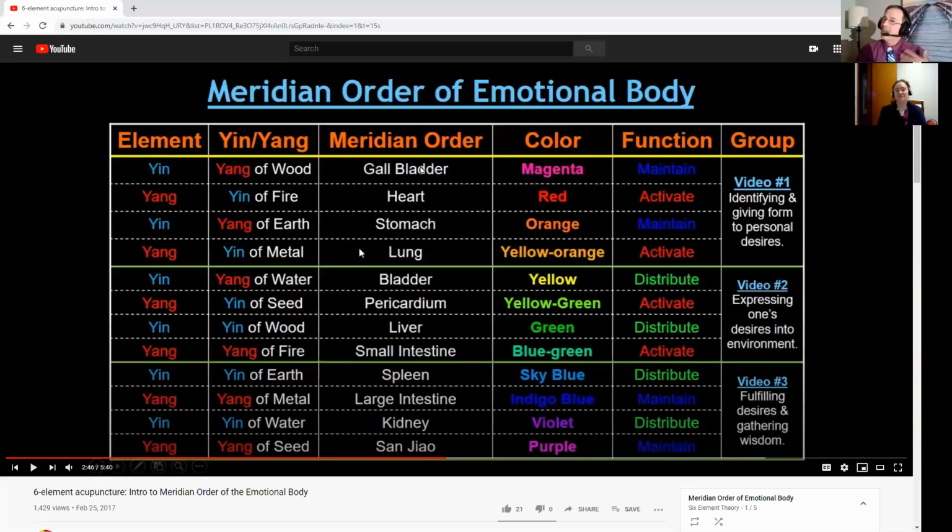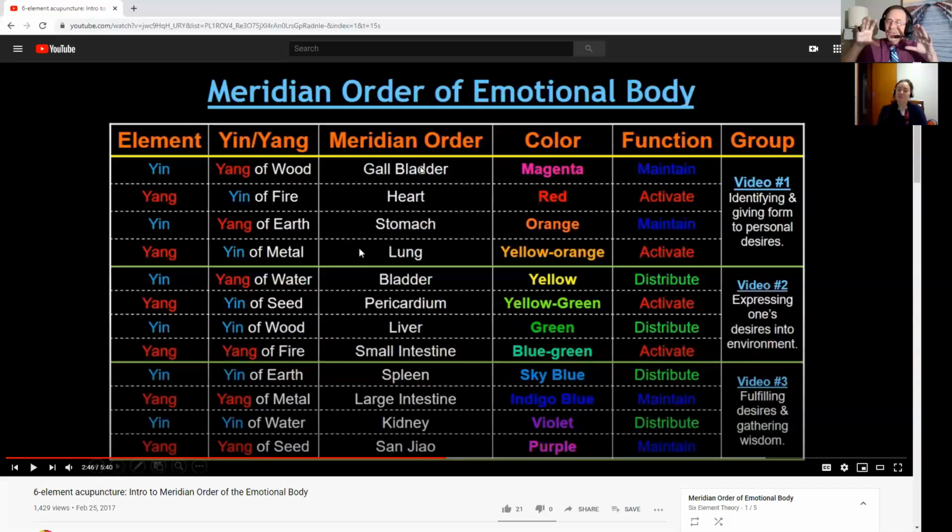So when people can't find their place in the world, pericardium meridian. Because you know that emotionally, the pericardium is going to help them find their place in the world. Like, who are their friends? What kind of job? What kind of climate suits them best? What kind of lifestyle?